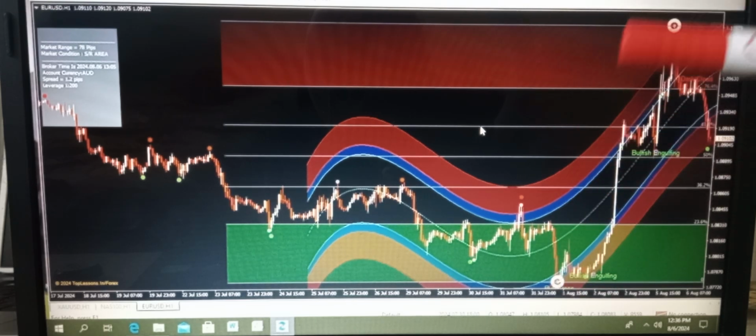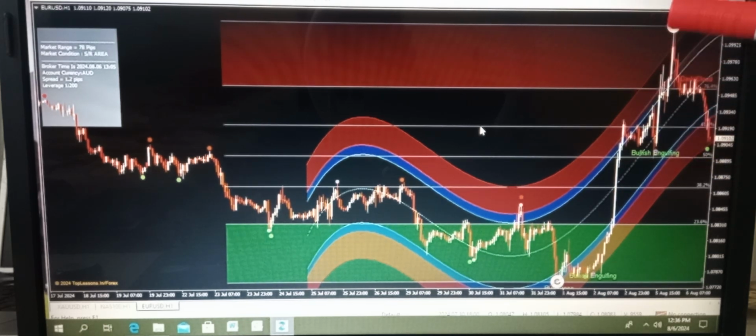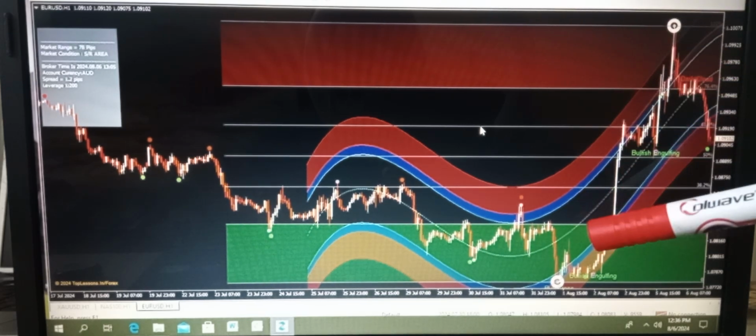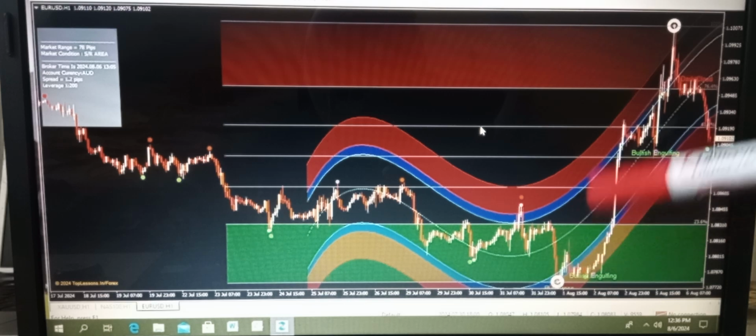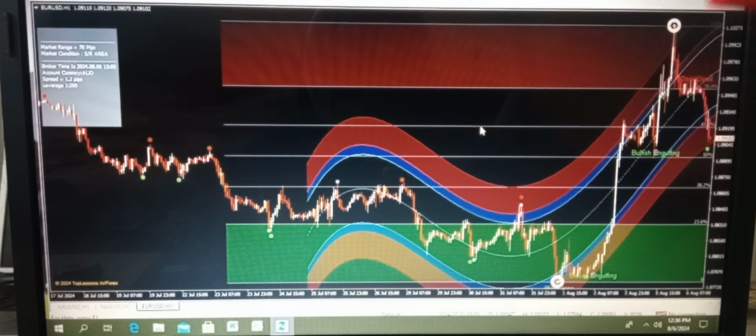So technical analysis says when the market is at the resistance, we sell; when the market is at the support, we buy. These are just two levels representing whether we are going to buy or sell.